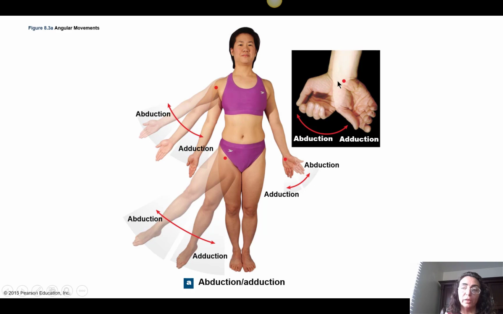As you can see, we're comparing this point here. So if this is the neutral position, getting away from the center is abduction. Getting close toward the center is, oh, this is the other hand. This is this hand. So this one is getting close to the center of the body. This is adduction, and this one is getting raised, so that is abduction.